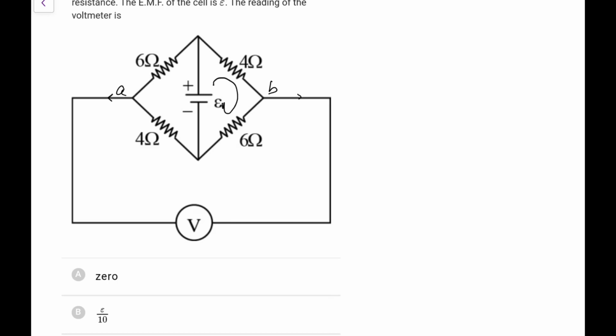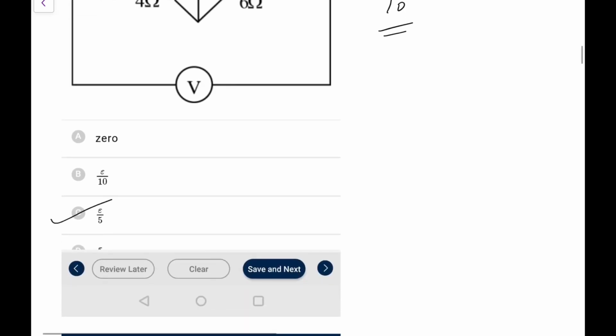Only the current will be going like this in these two loops, like this and like this. So what we'll have here, the drop would be 4 by 10 of E, and here the drop would be 6 by 10 of E. So the difference, if I do, that would be 2E by 10, so it would be E by 5. I can directly make it out. Go for option C. You can do it like that.